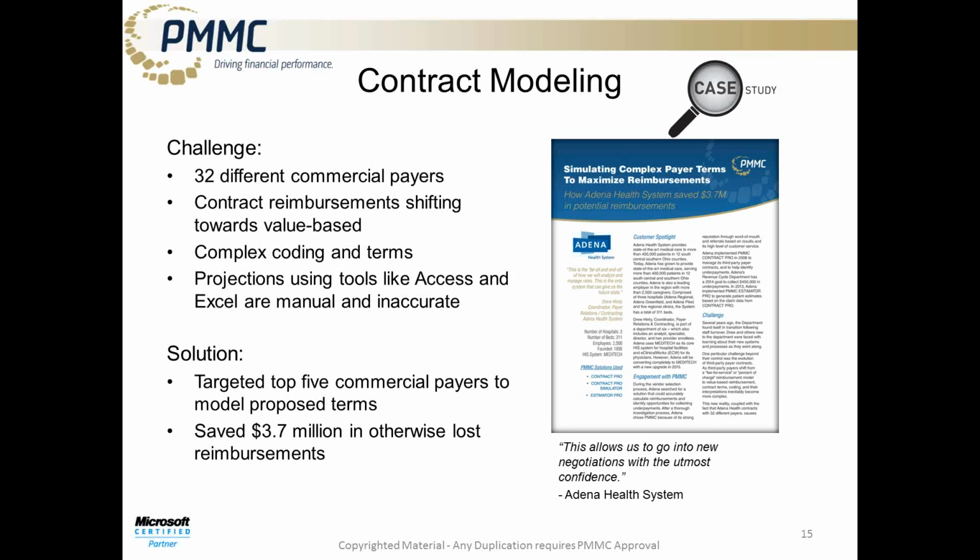So they decided to strategically focus on their top 5 commercial payers, and they simulated the proposed future terms with those top 5 payers. They actually found from one simulation alone that they would have lost almost $4 million in reimbursements.